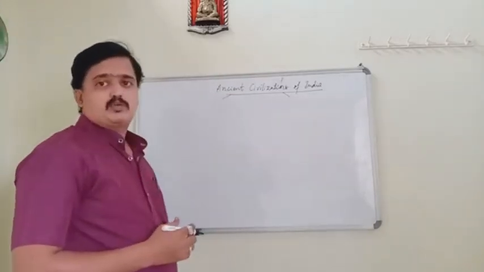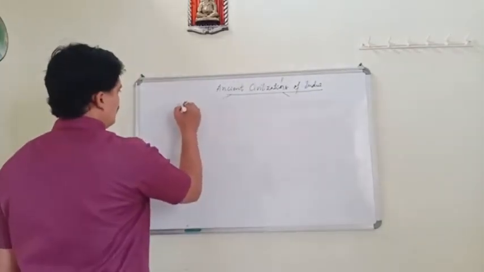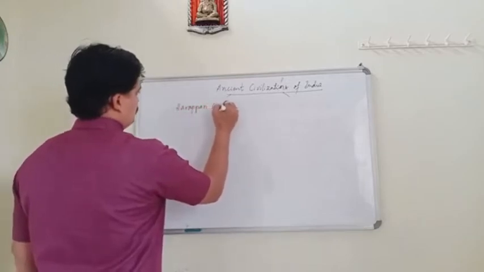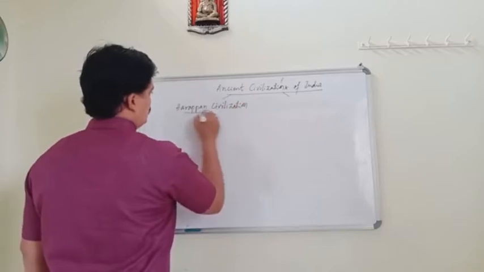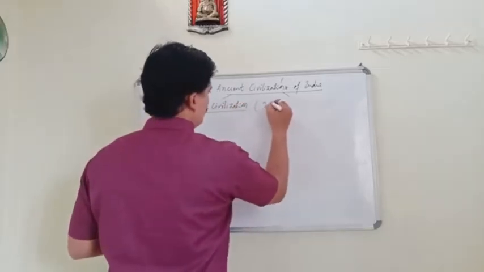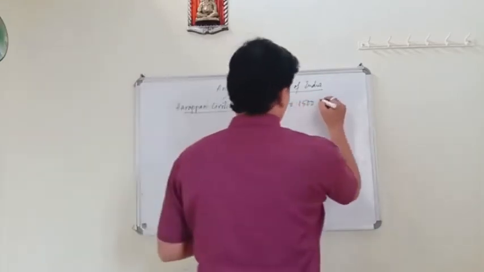The period of the Harappan civilization, as I have already told, is 2500 to 1500 BCE.